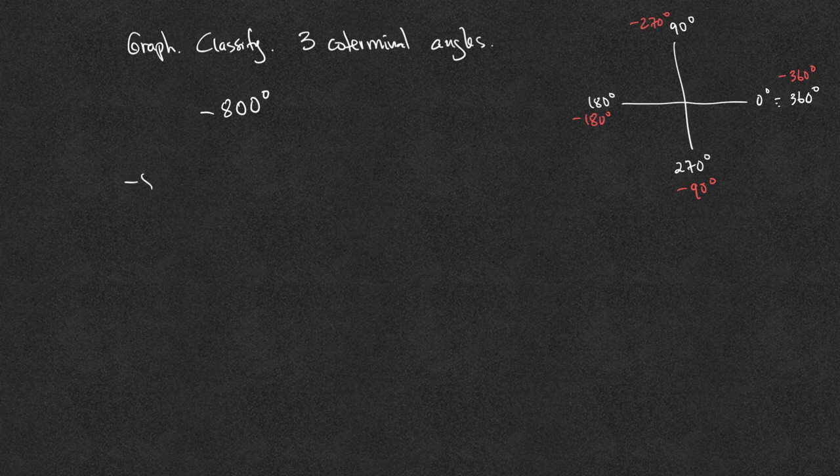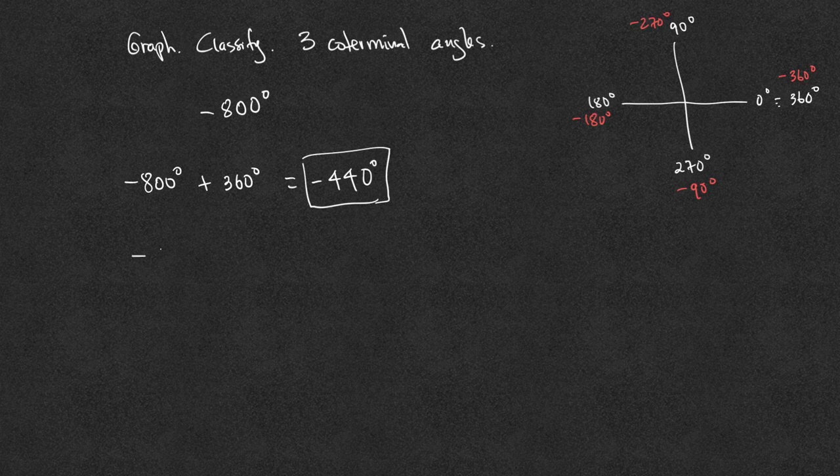If we take negative 800 degrees and add 360 degrees, we would end up with negative 440 degrees. That is actually another coterminal angle already, but we don't know which quadrant the angle lies in yet.